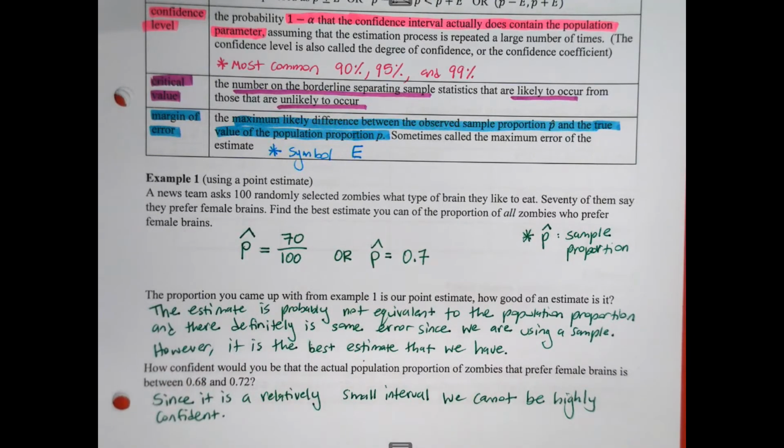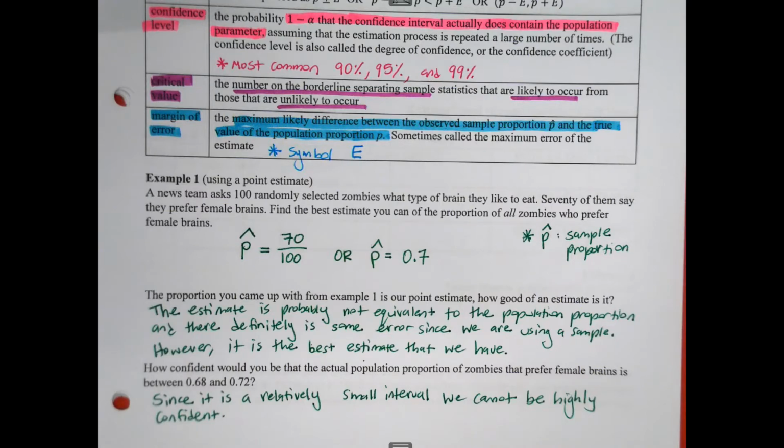If our interval was the entire range from 0 to 1 probability values, we could be 100% confident that the population proportion lies in that range, since it would cover all probabilities. So the larger our interval is, the more confident we can be.